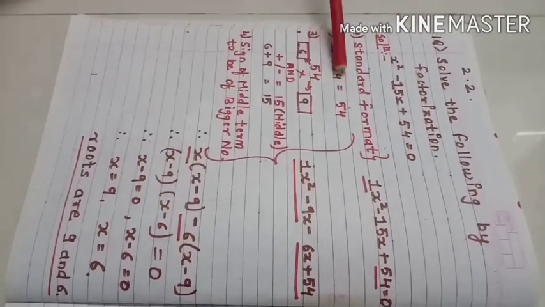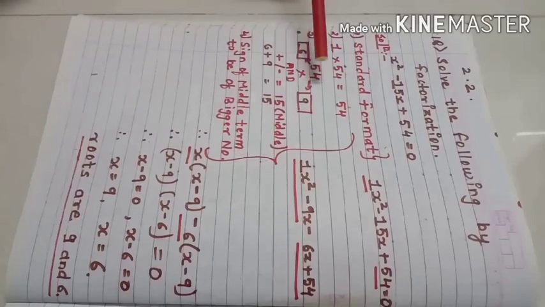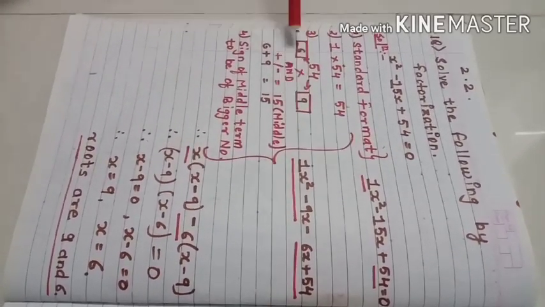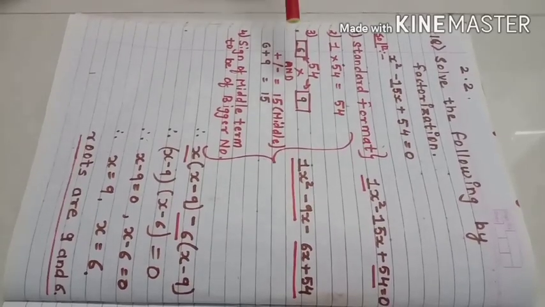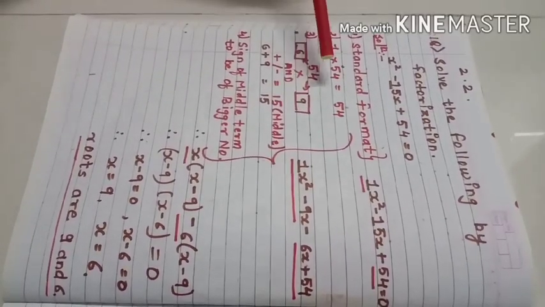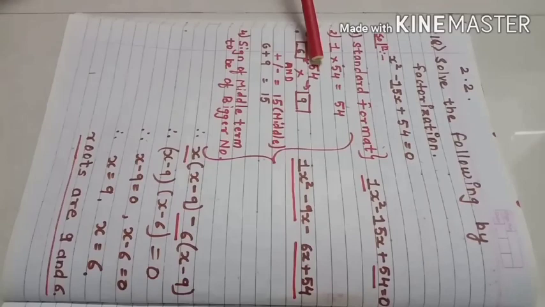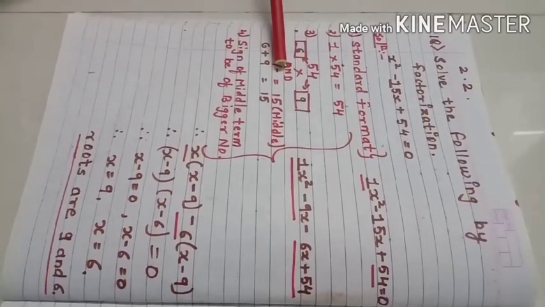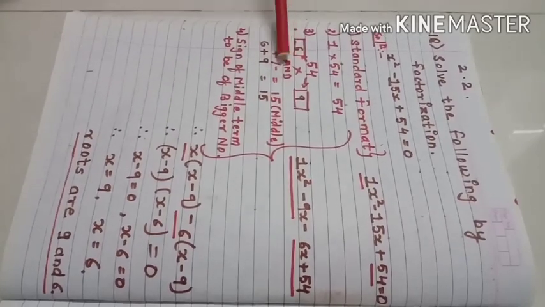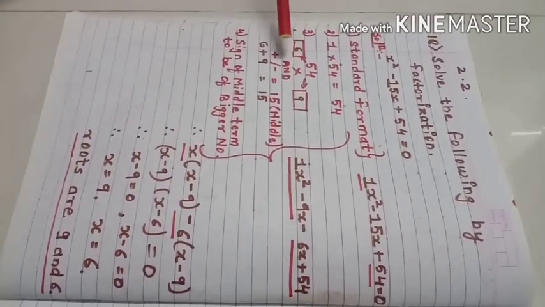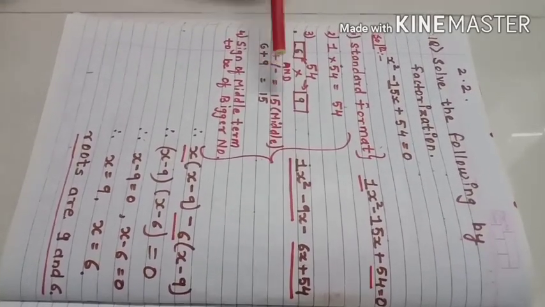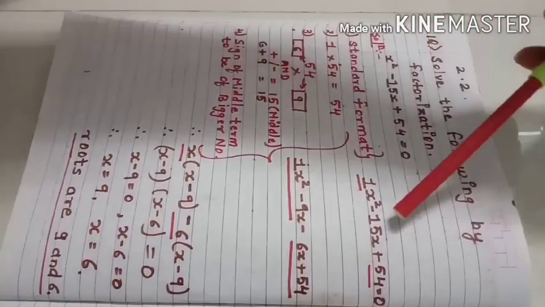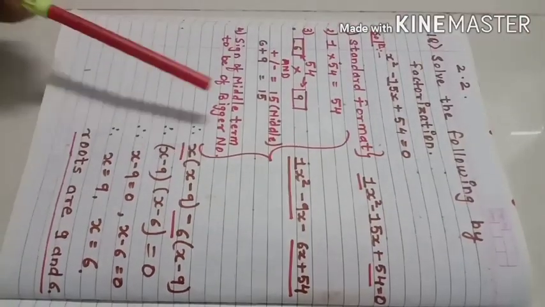Once we have obtained this number, I have to take out two numbers which by multiplying should be 54, and by addition or subtraction, I am repeating, by addition or subtraction, not both, I should get the middle number, as our middle number here is 15.